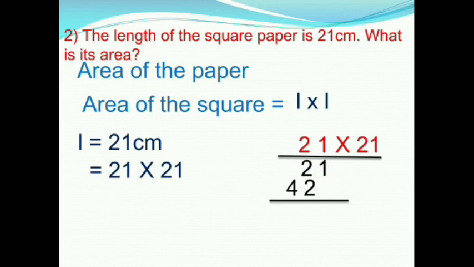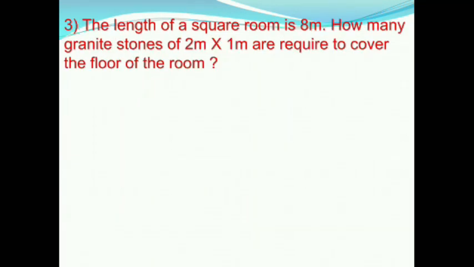So we should write 1. Next we should add 2 and 2. 2 plus 2, 4. Next we have 4. So we should write 4. Therefore, area of the square paper is 441 square meter.